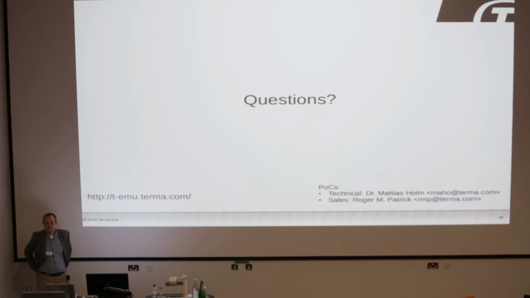Another question. If you want to do cycle accurate simulation? Oh, that's an interesting question. We have a timing model which is roughly accurate for targets which are not superscalar and lack a TLB, and it's not perfect, right?